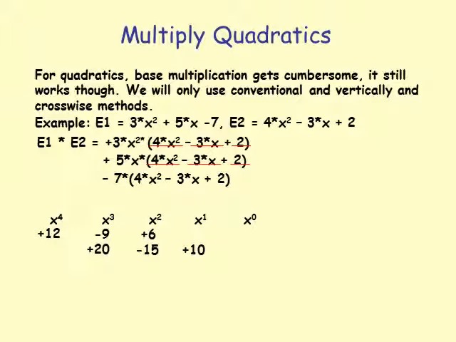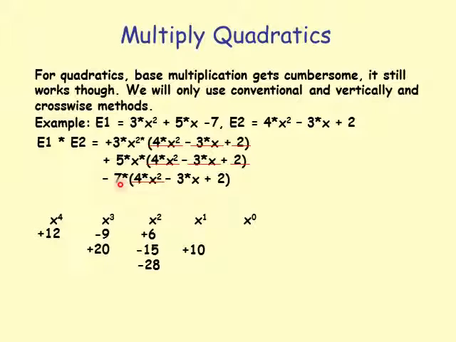Let's continue here. Now we have used up 3x squared times the second expression and 5x times the second expression. Now we are left with the minus 7 times the second expression. Minus 7 times 4 is minus 28x squared.